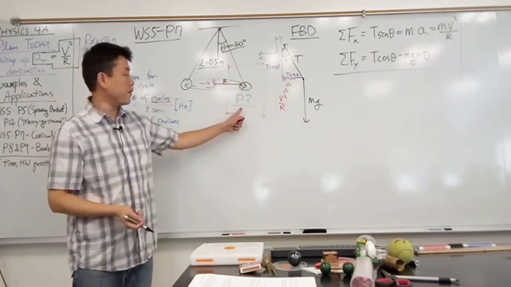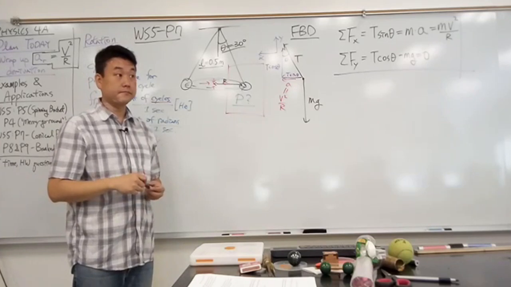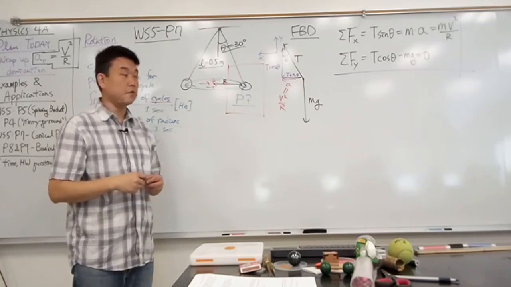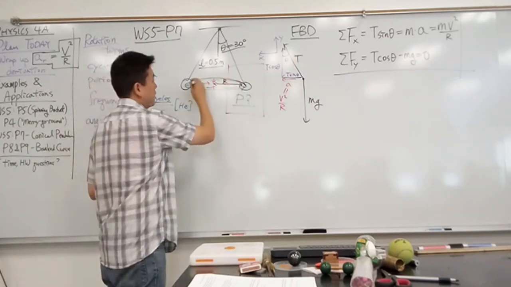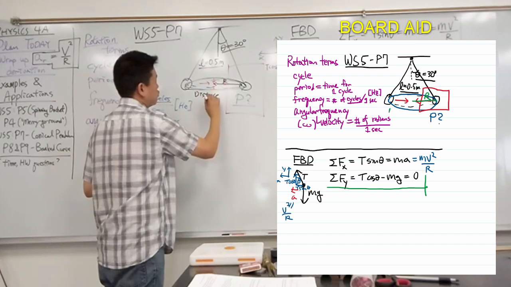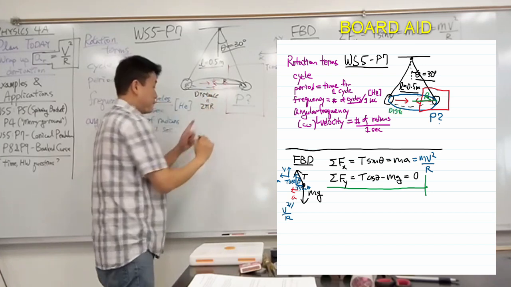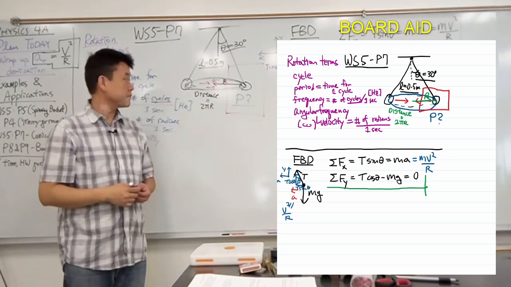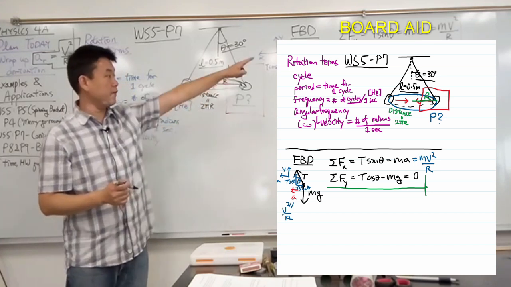How can you use those to figure out the period? Once we know the radius, we can know the circle. Okay, I know the circumference. And the circumference, or the distance, is equal to 2 pi r. And that will be important in knowing the period. Then we can find the time from the velocity. Yeah, so I know the distance, I know the velocity.